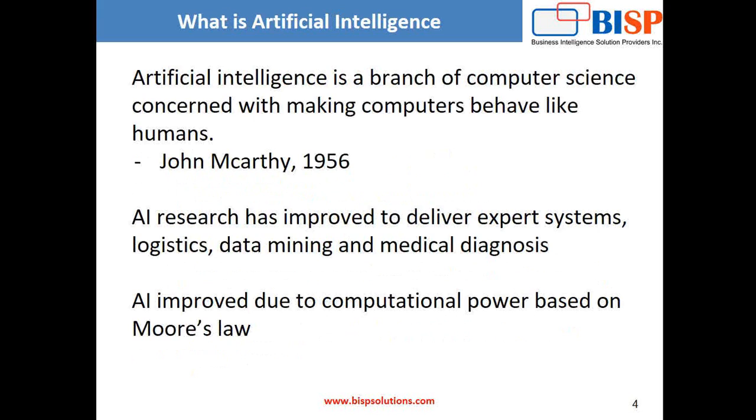One of the most important reasons why artificial intelligence has emerged today is that computational power has improved dramatically due to Moore's law. Moore's law is a very famous law defined in the late 1960s, where the power of the system improves year on year.